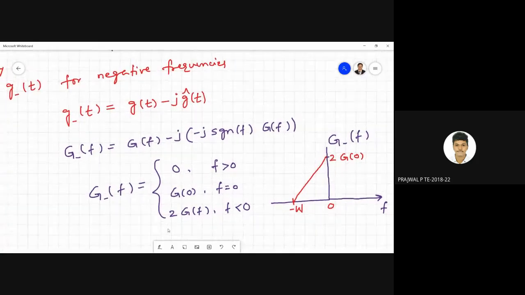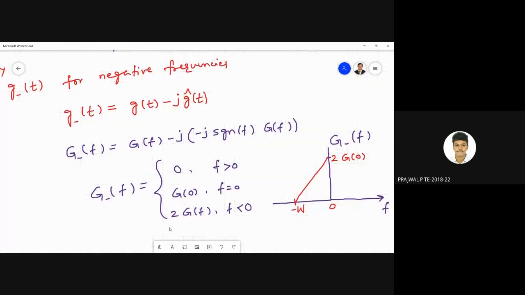Sir, even I have the same doubt which Noreen had. Why is it 2G, sir, again? See, magnitude is 2, man. This G of 0 is the value of G of f at f equal to 0. Okay, I think I should not write like that. You are understanding it is 2 into G of 0. Not like this. See, it's magnitude.